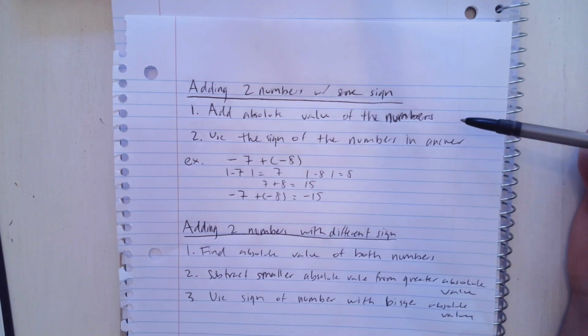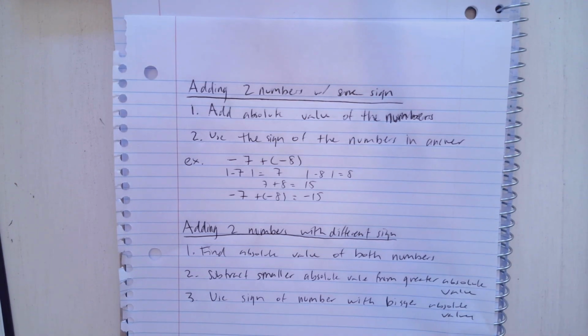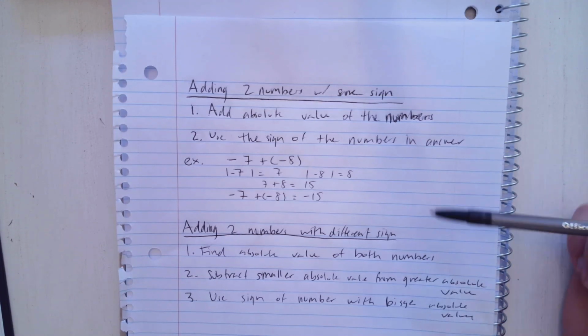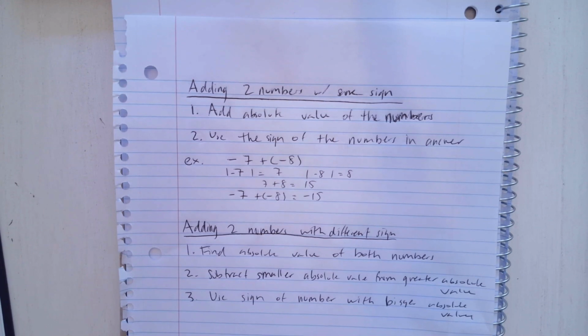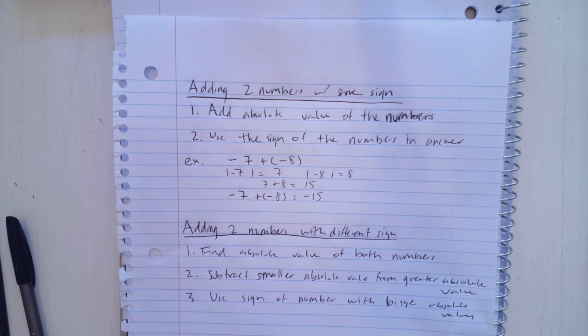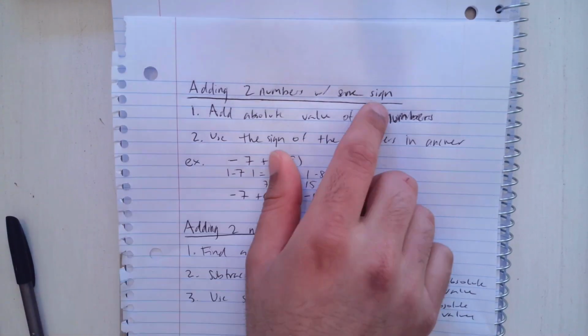And then finally, we use the sign of the two numbers in our answer. And just let me know when you have this written down. We can move on to the set of steps for the next type of problem. Okay, good. So that's two numbers with the same sign.